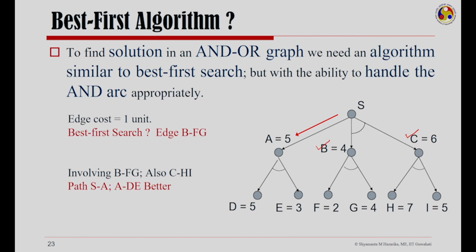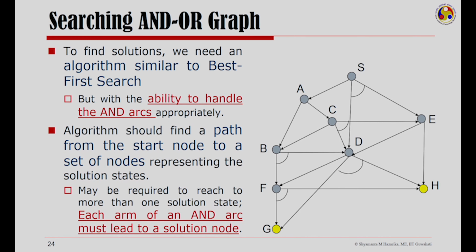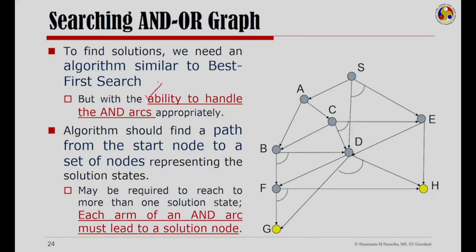Under this present scenario, the best would be to go along this path and expand D and E further. So, we had looked at these inadequacies of the best first algorithm, its inability to handle the AND arcs, and therefore, would look at a more specialized version of searching AND OR graphs.